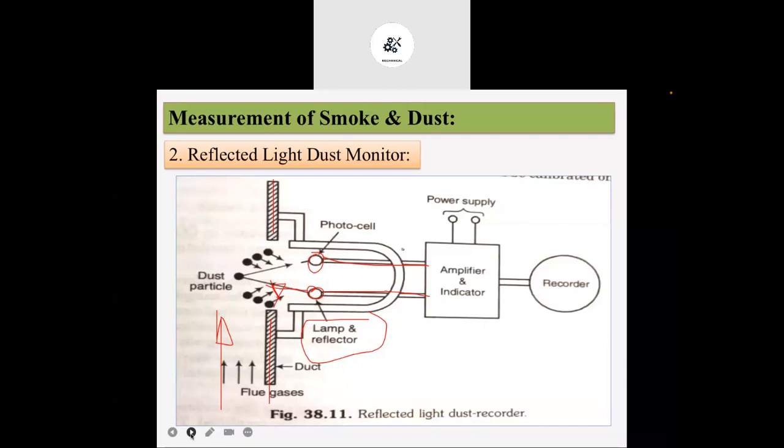In the next point, we are going to see the different instruments which are used to control the pollution. Here we measured the amount of pollution present inside the flue gases. The next instruments we have to study are how to control the amount of these gases present inside the flue gases.